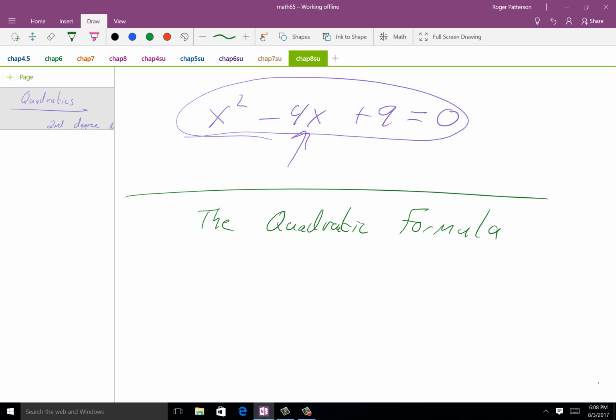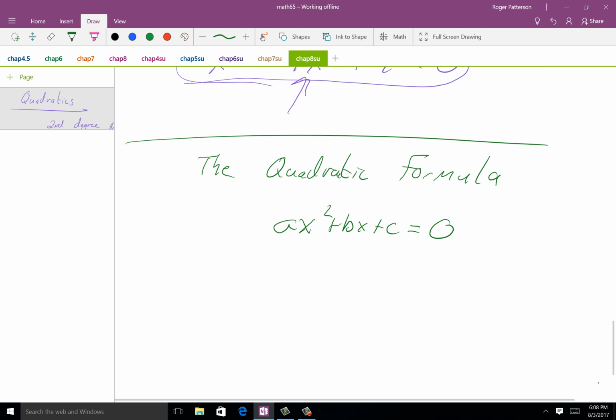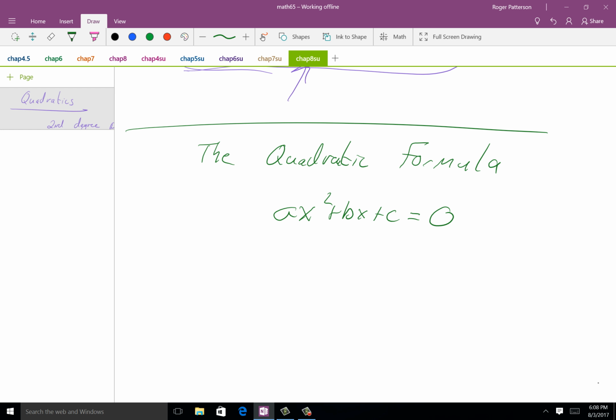So the quadratic formula. There's a way to derive it. I mean, we can come up with it, but it's not very exciting to you, so I'm not going to do it. But if you want to see it, I can show you sometime. I'm just going to give you the formula here.